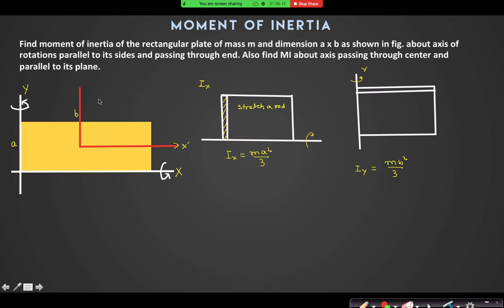Suppose x prime and y prime. It should be by 12 now. Yes, the rod was by 12. So Ix prime will be m a square by 12, 3 into 4, and Iy prime is equal to m b square by 12.